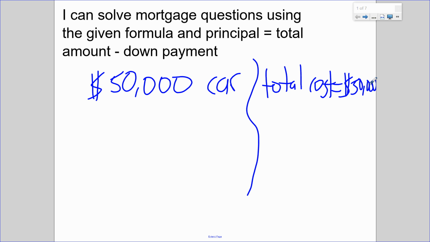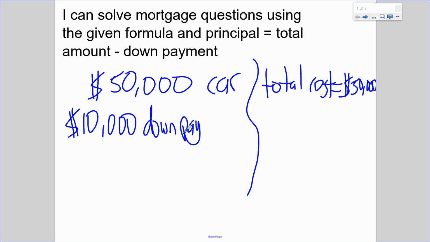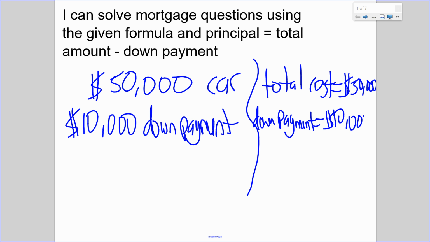So I have $10,000. So I'm going to make a $10,000 down payment. So my down payment is going to be 10 grand. If that's the case, how big of a loan do I have to take out?